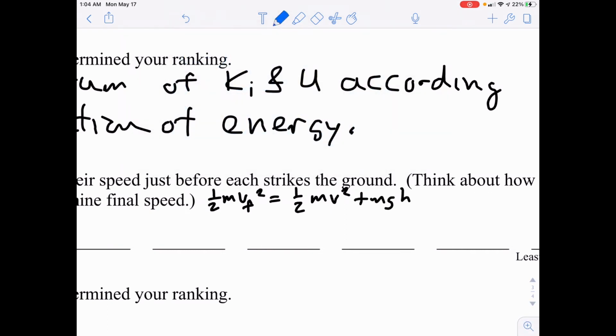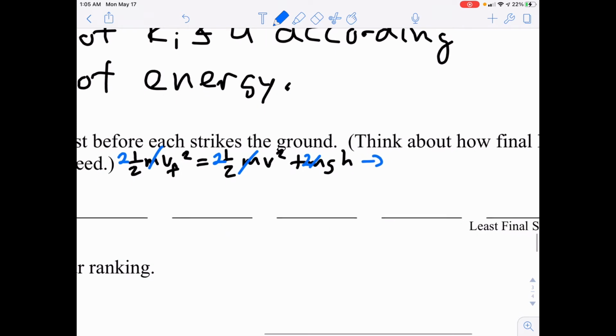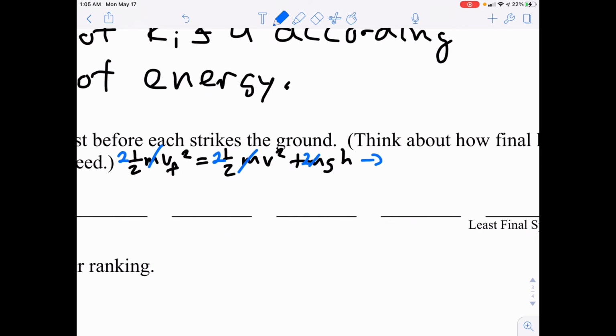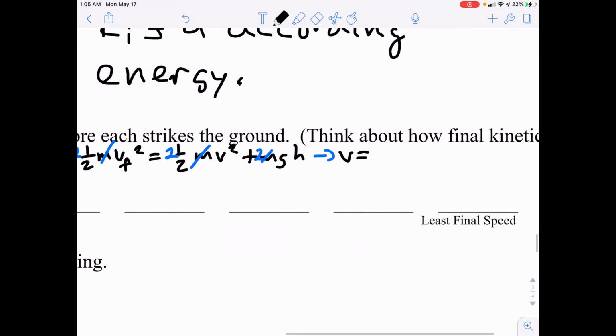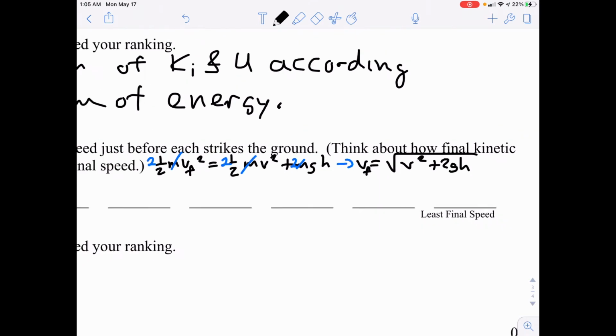Let's solve this for v. We're going to multiply everything by 2, divide by mass, and square root. When we do that, v final is equal to the square root of v squared plus 2gh.